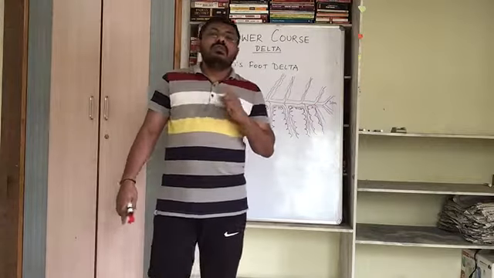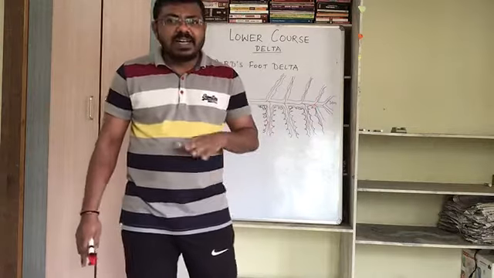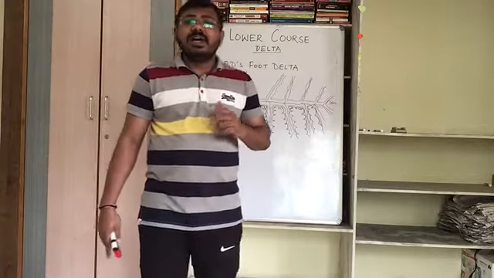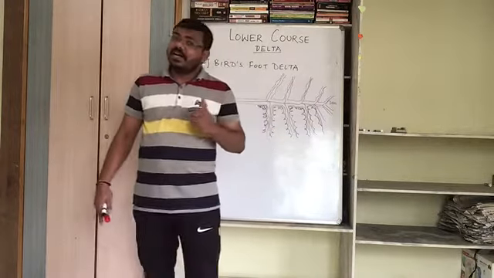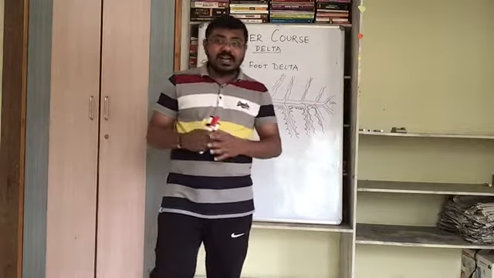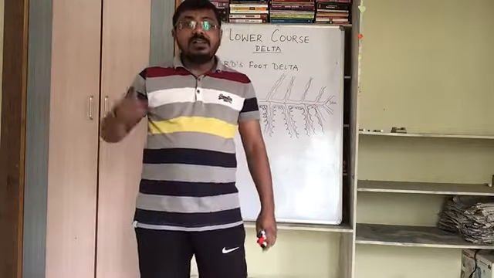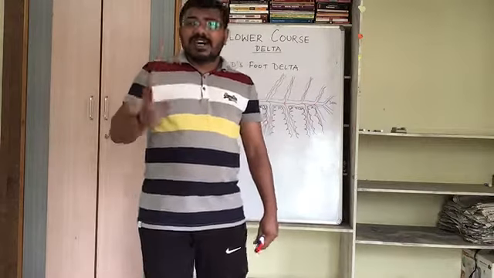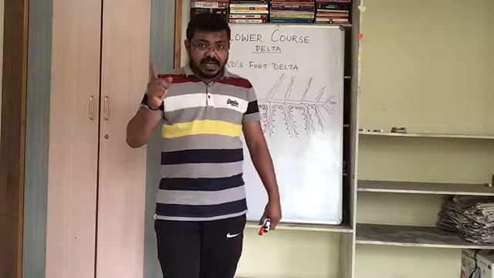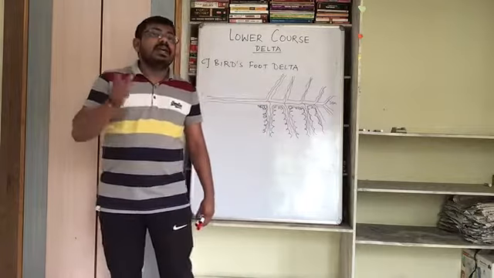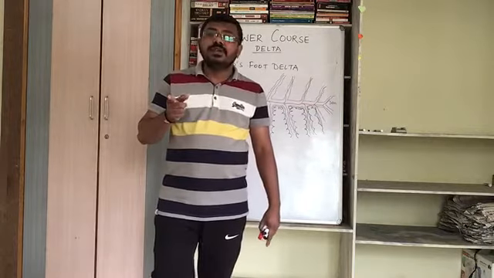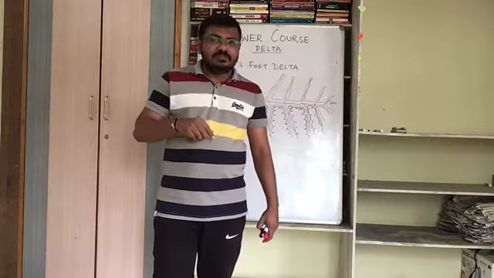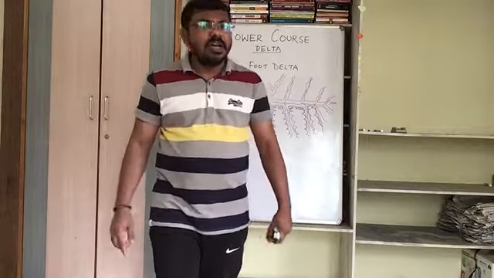You have to find out which type of delta is formed by river Ganga and Brahmaputra, because river Ganga and Brahmaputra form the world's largest delta, and also the world's fastest growing delta is formed by river Ganga and Brahmaputra at the coast of Bay of Bengal. Okay, that you have to find out. Thank you.